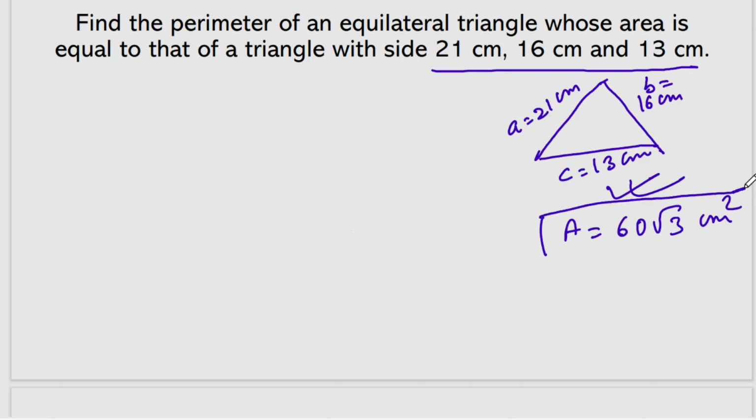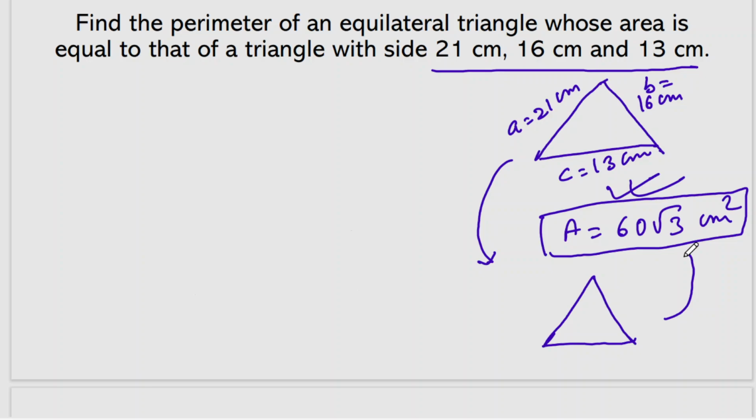Okay, now I am going to convert this triangle into an equilateral triangle, but our area will be the same. Okay, so let me draw an equilateral triangle. The side is a. So what is the area of an equilateral triangle?